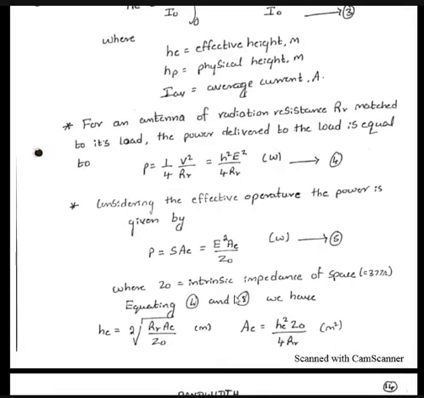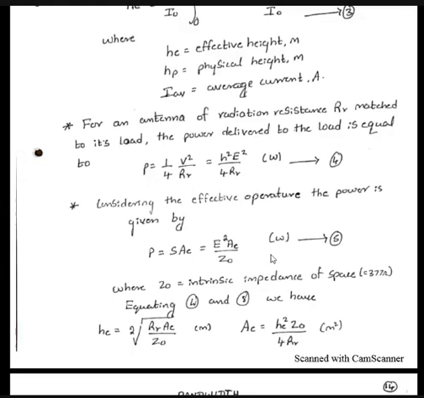If we consider the effective aperture, the power is P equal to S into AE. What is S? S is the power density, E square divided by Z naught, where Z naught is the intrinsic impedance of free space, 377 ohm.